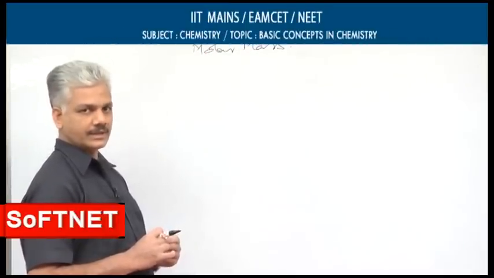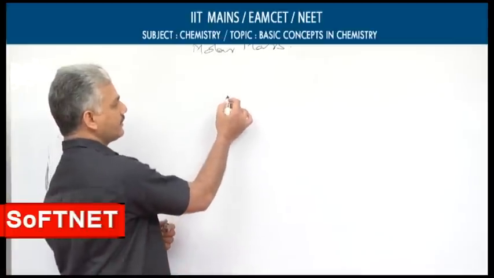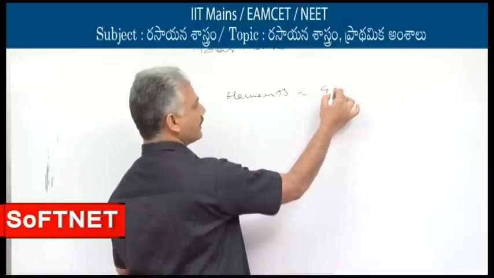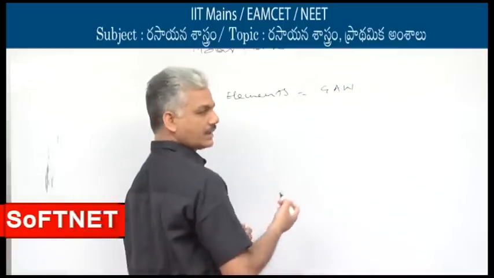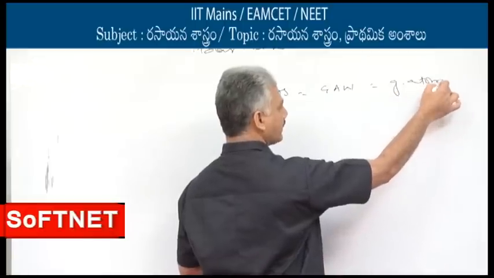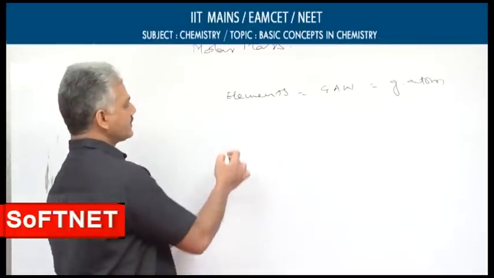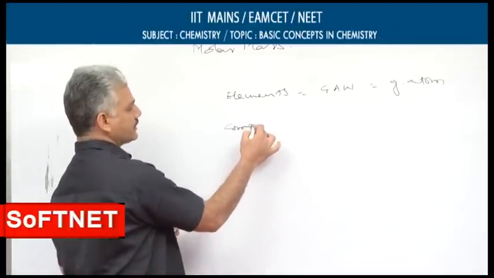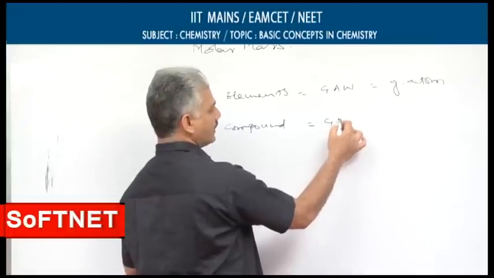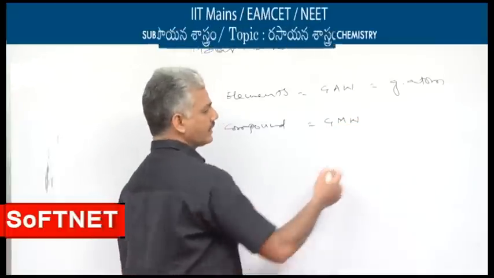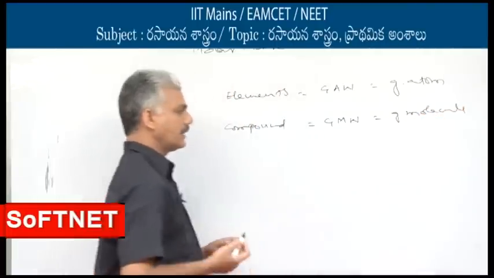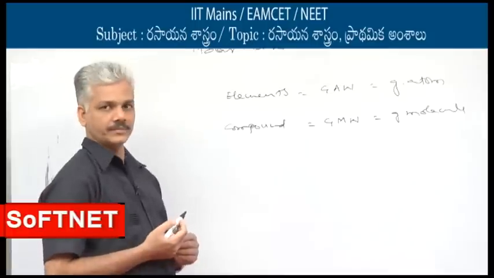In case of elements, molar mass will be equal to gram atomic weight. Gram atomic weight is sometimes referred to as gram atom also. Whereas, if the matter is present in compound state, then molar mass will be equal to gram molecular weight. Sometimes gram molecule is also used to indicate the same thing.